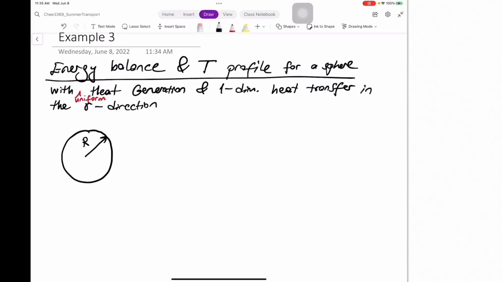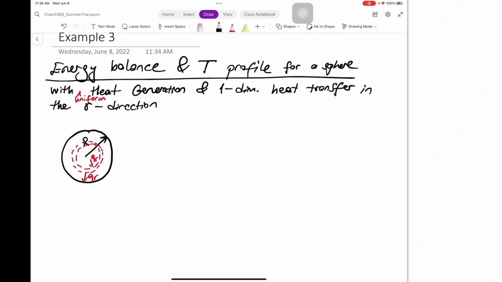And still, you can actually make a shell balance here. And you can talk about the QR coming in, QR coming out.